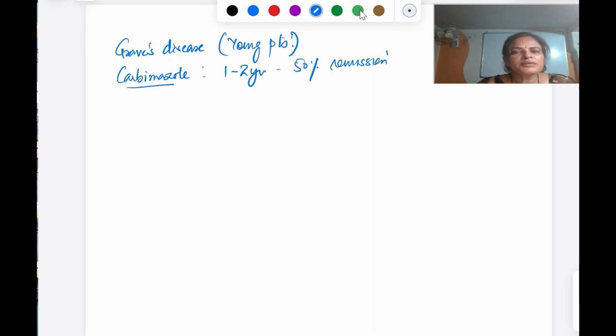And if the symptoms appear again, you just reinstitute carbimazole. This is in a young patient.